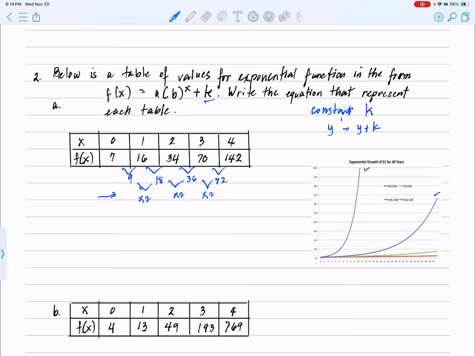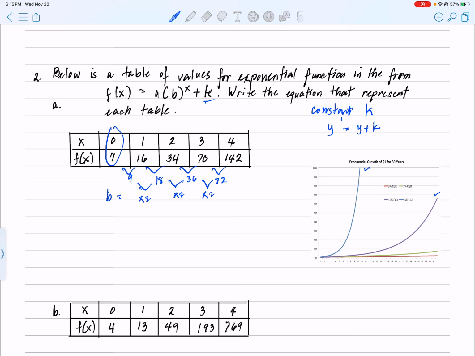This is the proportional value, and that would be the b. That's the factor we get, remember, in the exponential form.